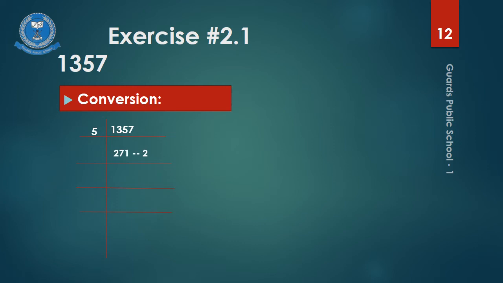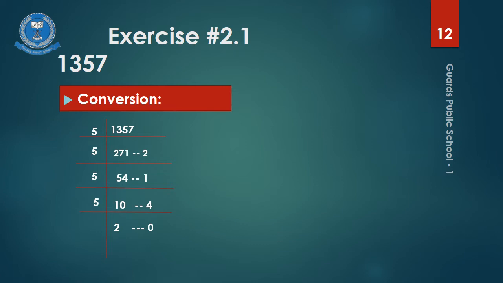Now this 271 will also be divided by 5. So we will get 54 and the remainder 1. This 54 will again be divided by 5 and gives you 10 with remainder 4. Now this 10 again will be divided by 5, and as we know this 10 is exactly divisible by 5, so it gives you 2 and the remainder 0.